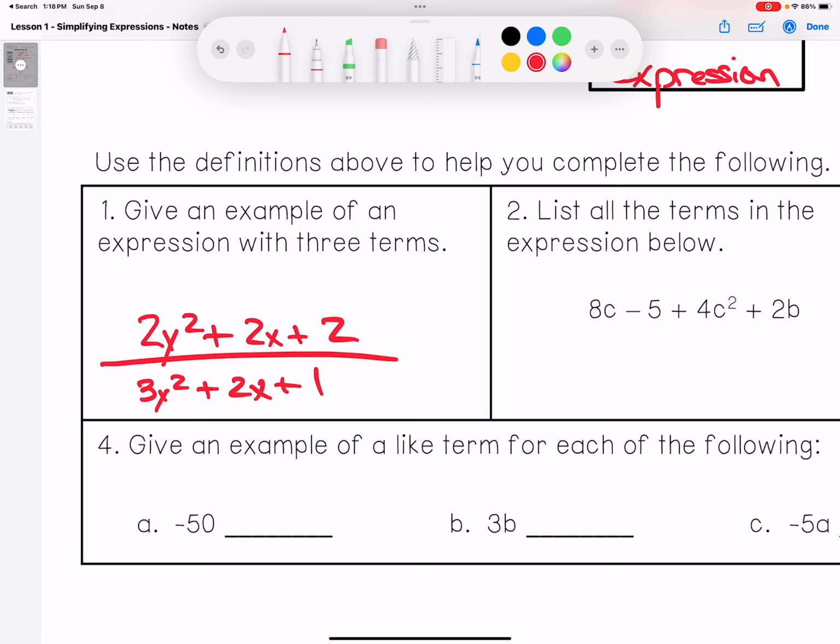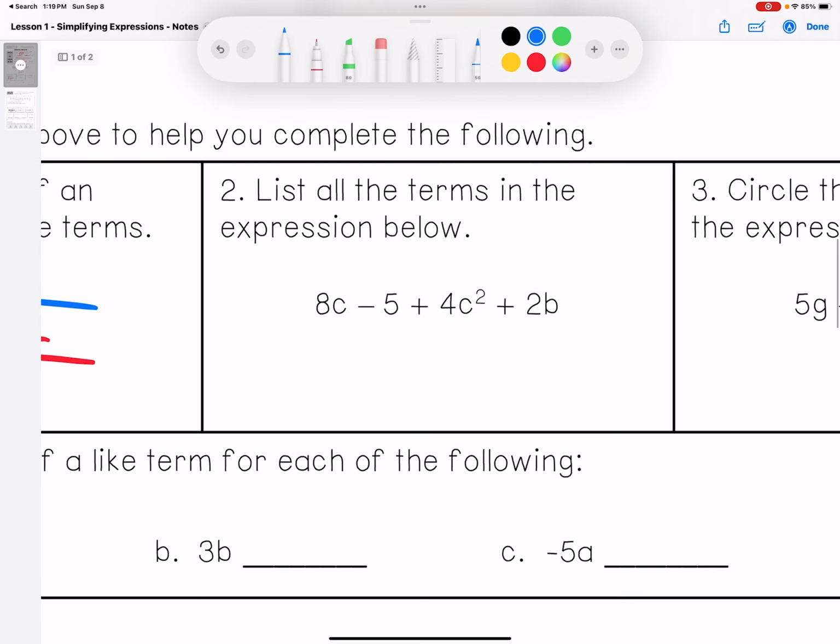Okay, either one. There's a bajillion ways to do that. So you don't have to have the square. You could just have another variable, because you can't combine the y and x.